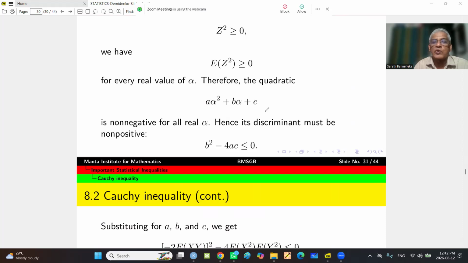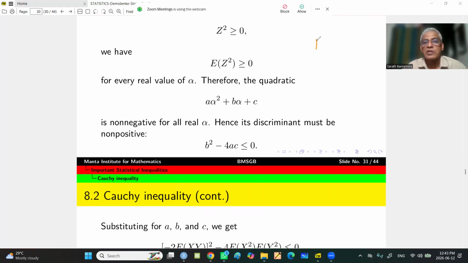In that case, when you have a quadratic with a positive coefficient on the squared term, you know that the quadratic function has a minimum. So what you are looking at is that the expected value of Z squared is greater than or equal to 0, meaning this thing is greater than or equal to 0. Therefore, what you have is something like this. Let me try to draw a sketch.